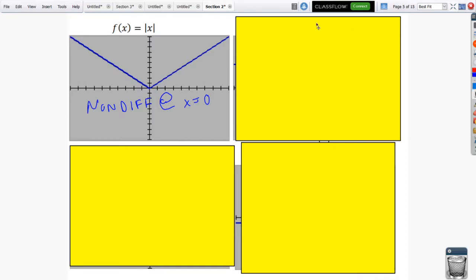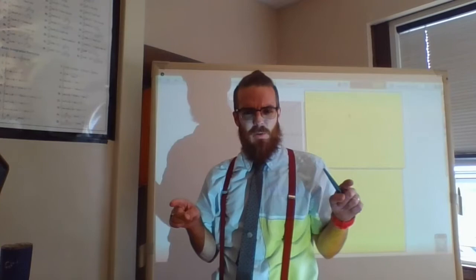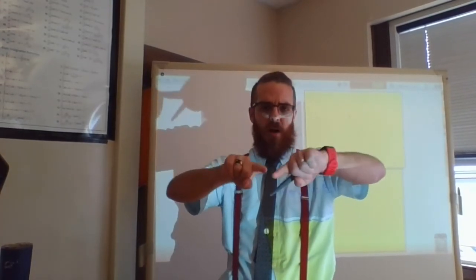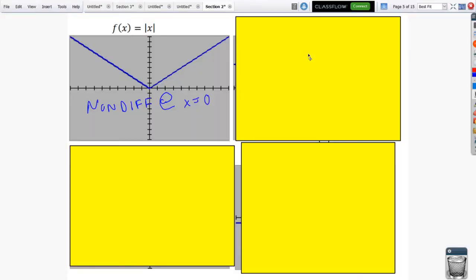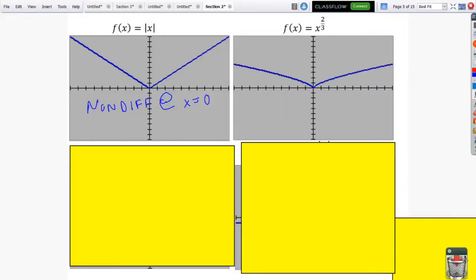Now looking a little bit further, a cusp is a little bit different. A cusp is similar to a corner, but it's more curved coming in. So a cusp is going to be like x to the 2/3 power. What really breeds the cuspiness to it is the squared on top and the cube root at the same time.